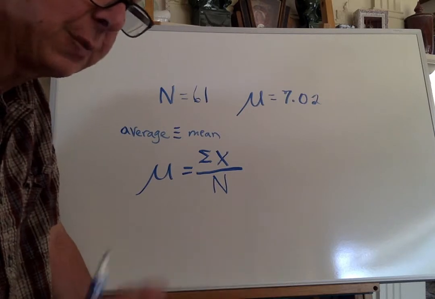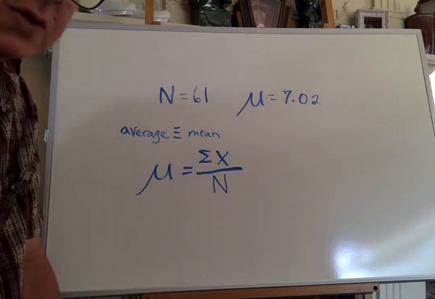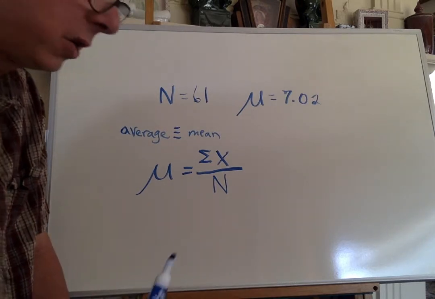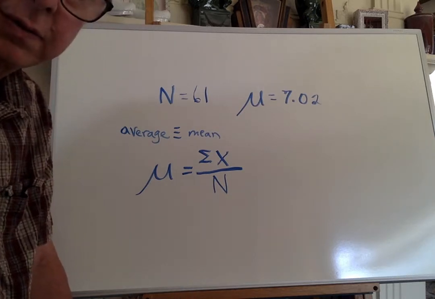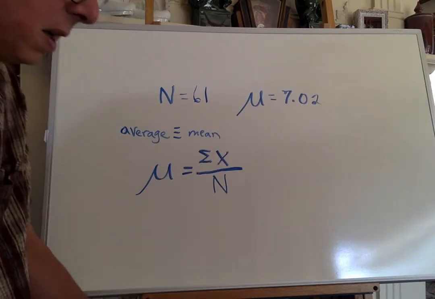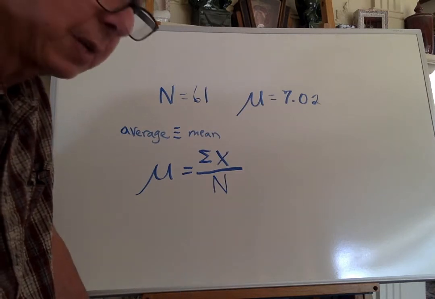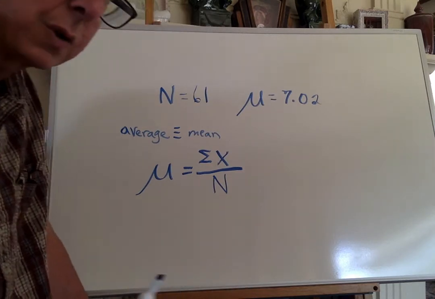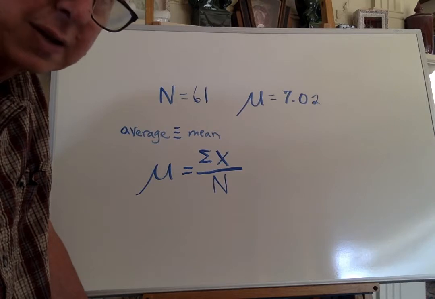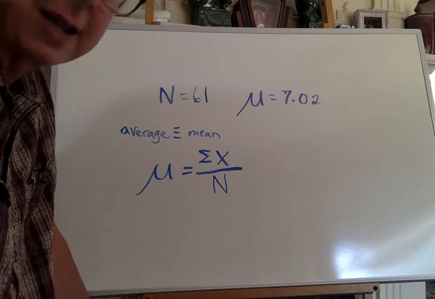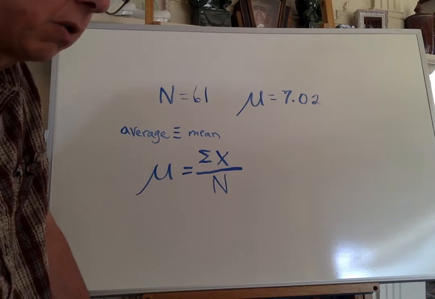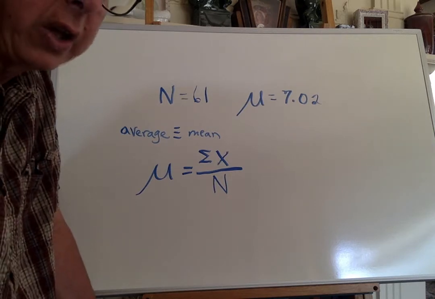If a professor comes in and says the average on the exam was a 75, you don't have any idea whether everyone got 75. That's one possibility. Maybe everybody either got 85 or 65. That's another possibility. Or the scores were all over the place. That's another possibility. Or scores were all in the 70s.